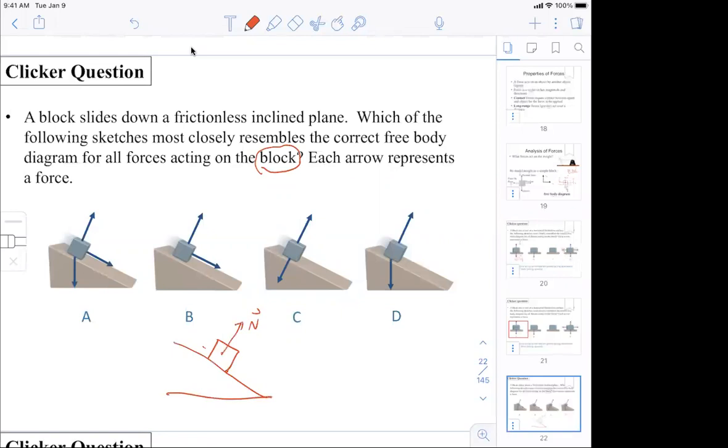So this direction. Okay, very good. Any other forces? Gravity. Gravitational, yes, very good. The gravity from the earth to the block, pointing always downward. Okay. Is there anything else?